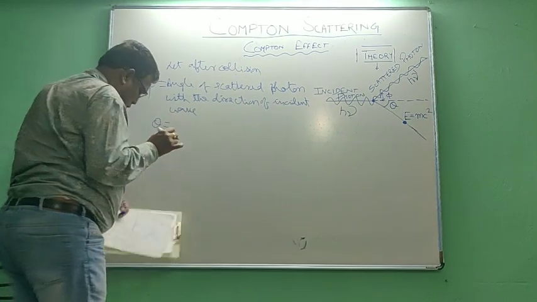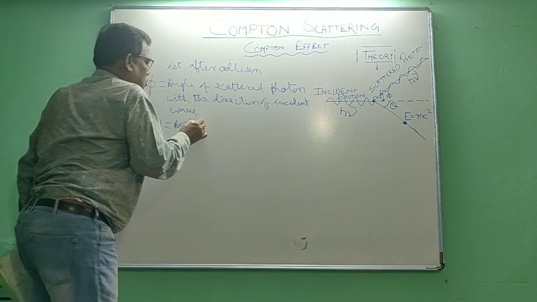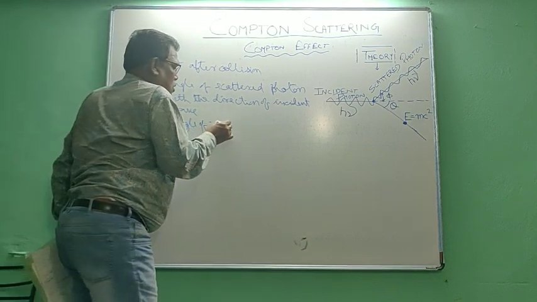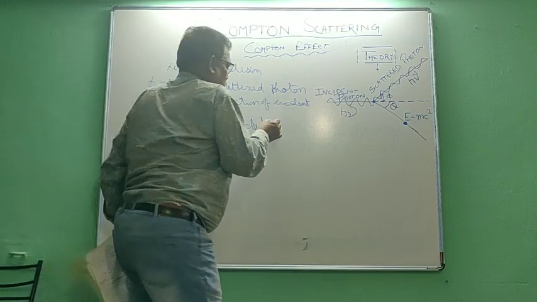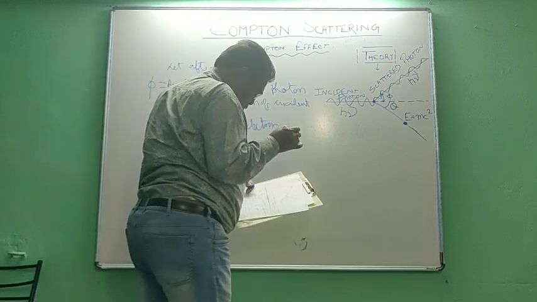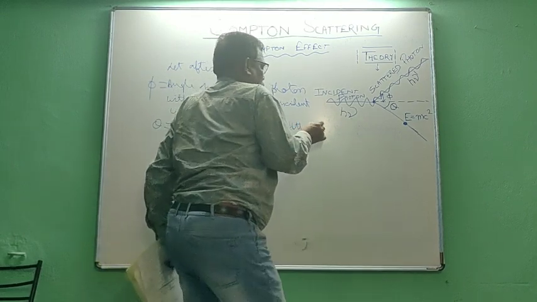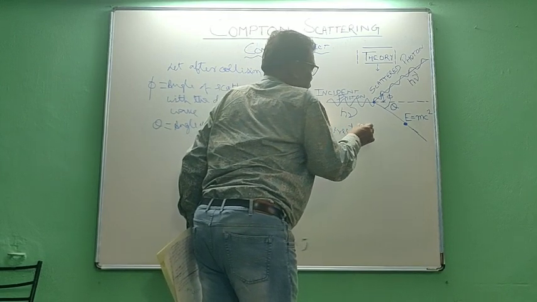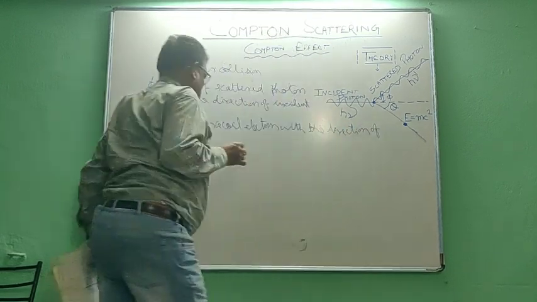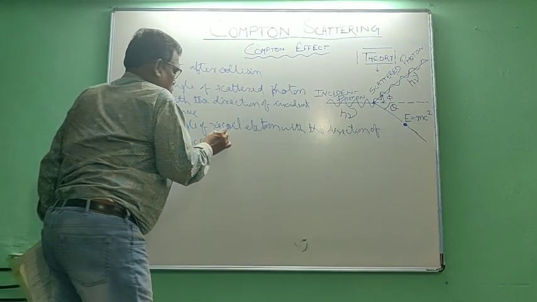And theta is the angle of the recoil electron with the direction of the incident photon.